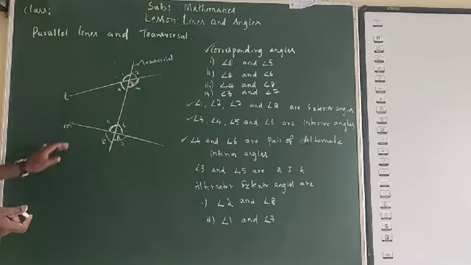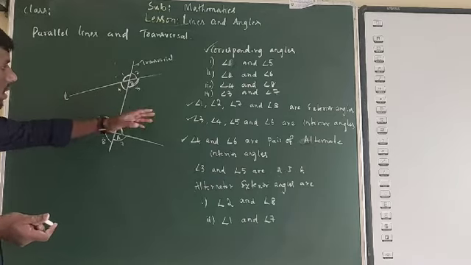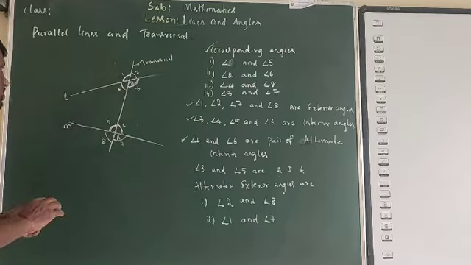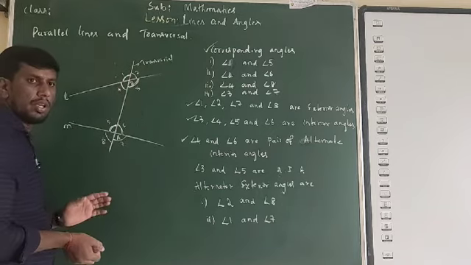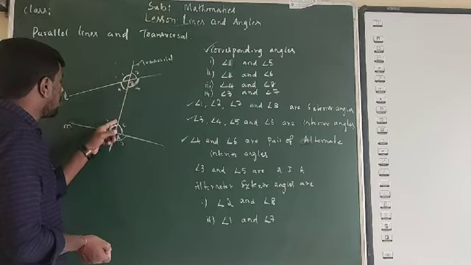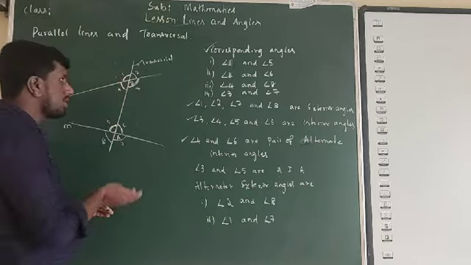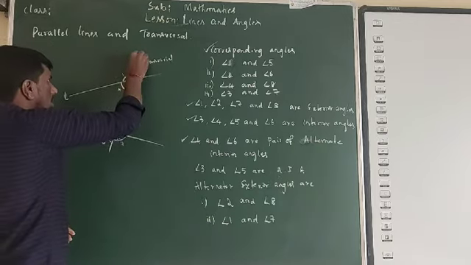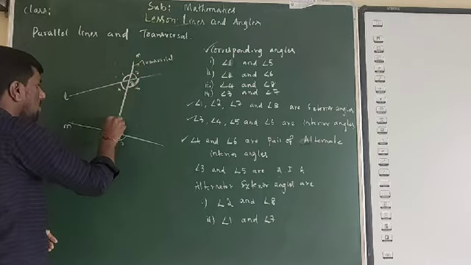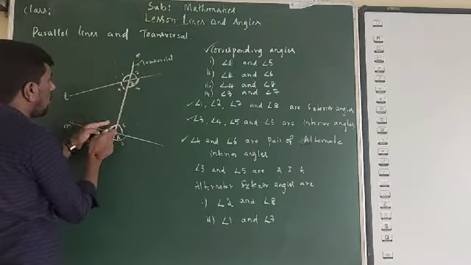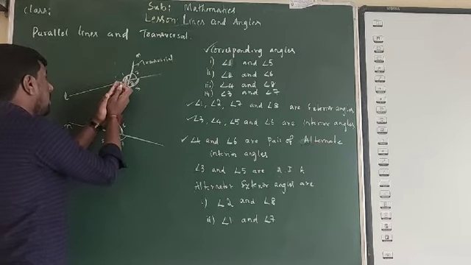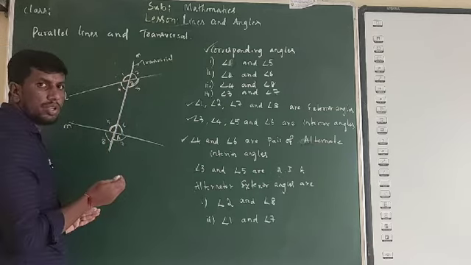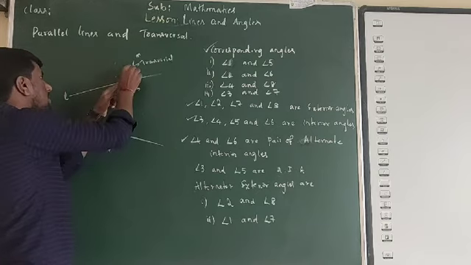What else do we have? These 4 and 6 are the alternate interior angles. And what are those 2 angles? The interior angles on the same side of the transversal. What is the transversal? This is the transversal. Let me call this M. M is the transversal. Angle 4 and 5, of course, those 2 are interior angles on the same side of the transversal.